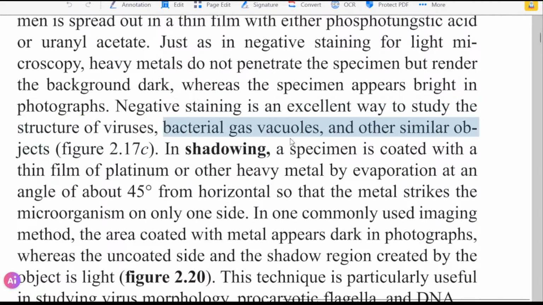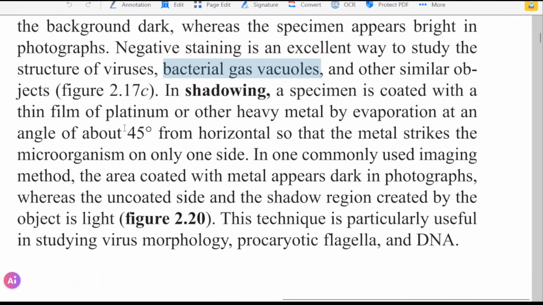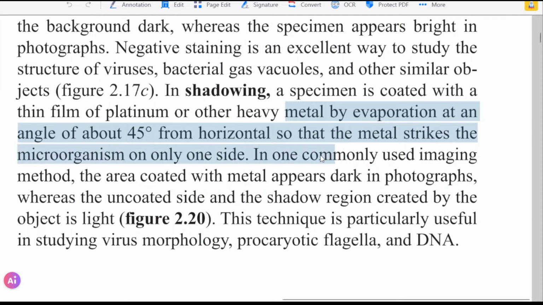Bacterial gas vacuoles are almost transparent, so if you make the background darker, they look brighter. In shadowing, a specimen is coated with a thin film of platinum or other heavy metals by evaporation at an angle of about 45 degrees from horizontal, so that the metal strikes the microorganisms only from one side.